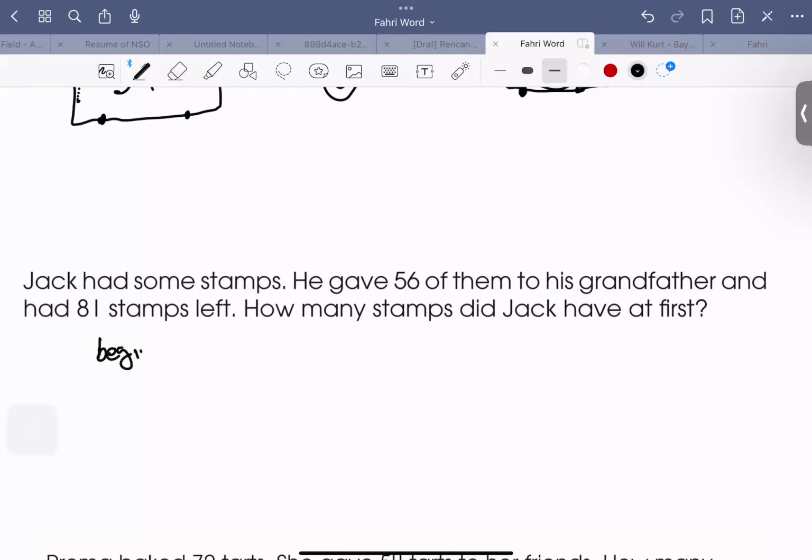In the beginning, we don't know how many stamps Jake had. However, in the process, he gave, meaning he reduced the stamps he has. So minus 56 will be equal to the end condition, 81.